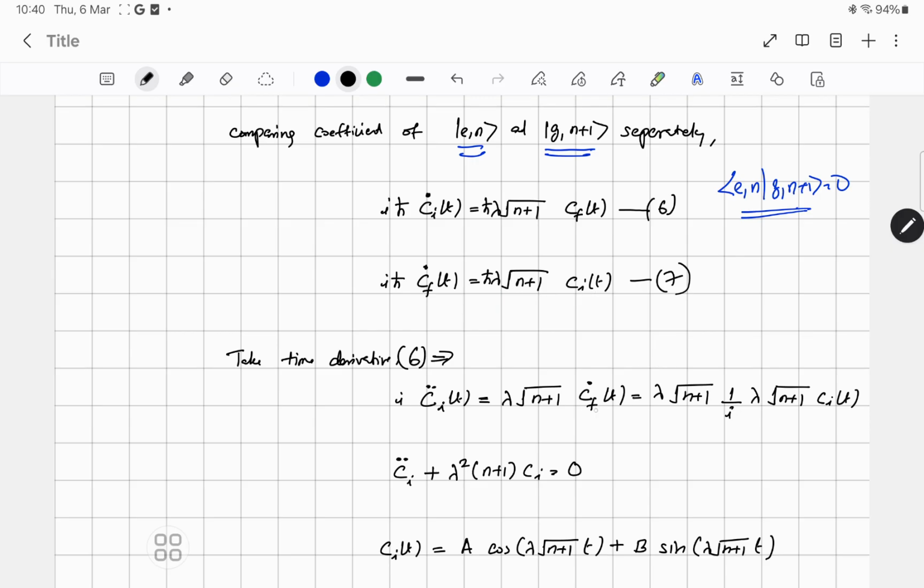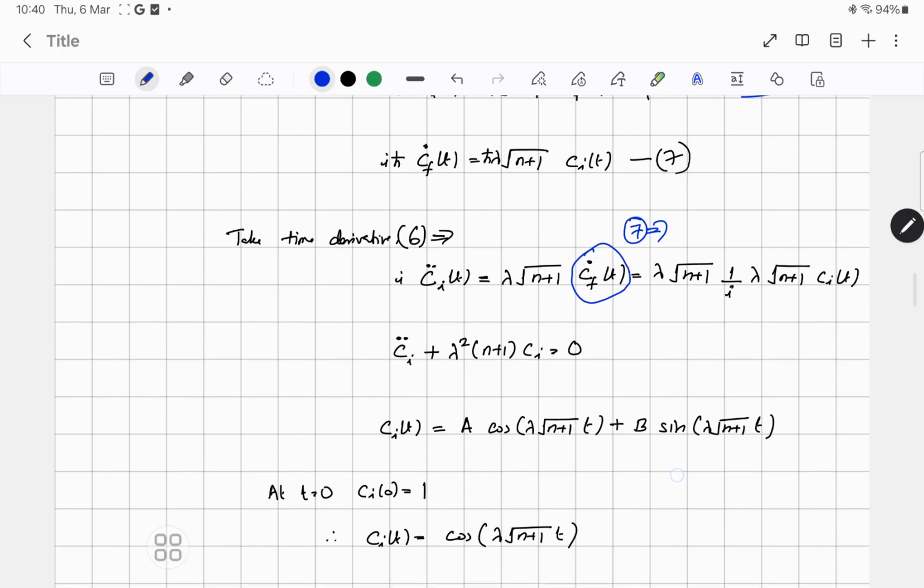So if you substitute this Cf dot using 7, Cf dot would be 1 by i lambda root n plus 1 Ci of t. Just rearrange this equation, you will get a second order differential equation in time: Ci double dot plus lambda square of n plus 1 Ci equal to 0.